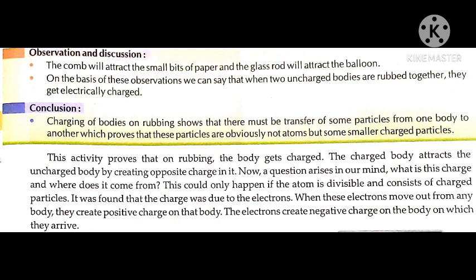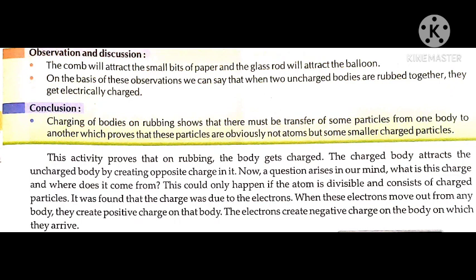This activity proves that on rubbing, the body gets charged. The charged body attracts the uncharged body by creating opposite charge in it.